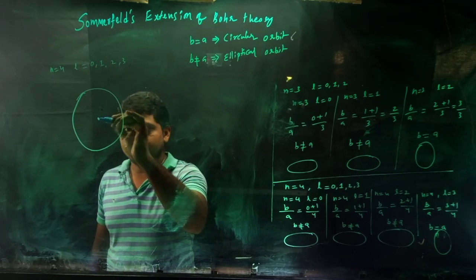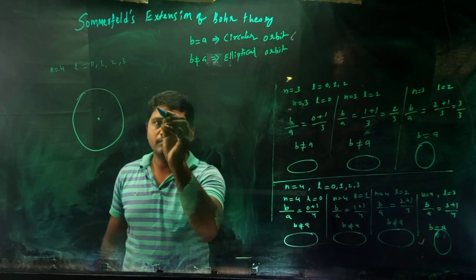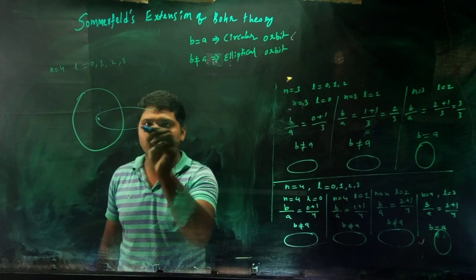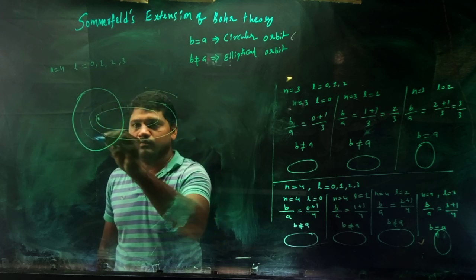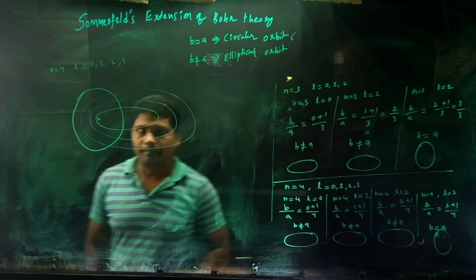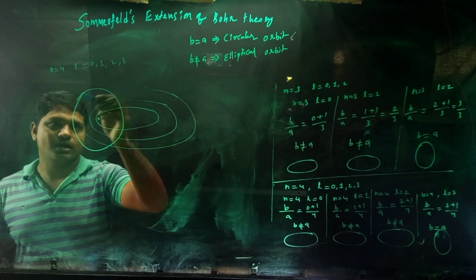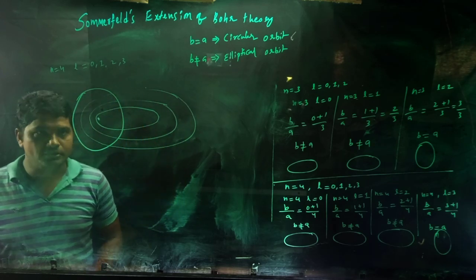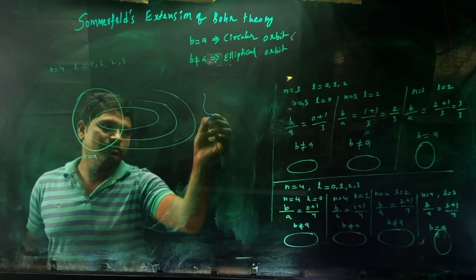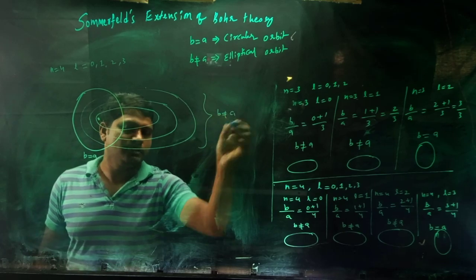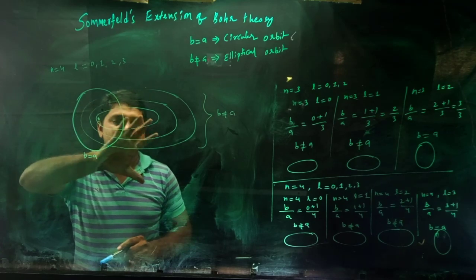This is the focus. These three are the elliptical orbits and the last one is the circular orbit. This value is b equal to a, and these three values are b not equal to a. The energy between the subshells differs only slightly.